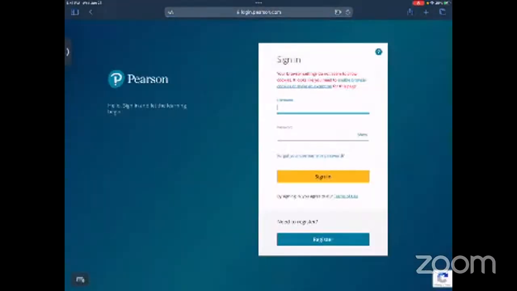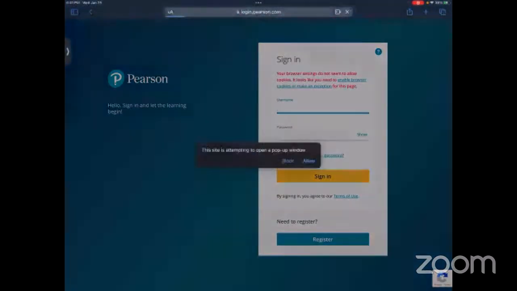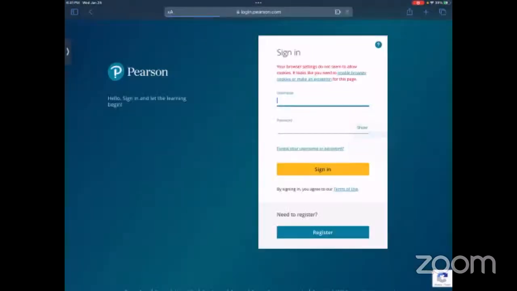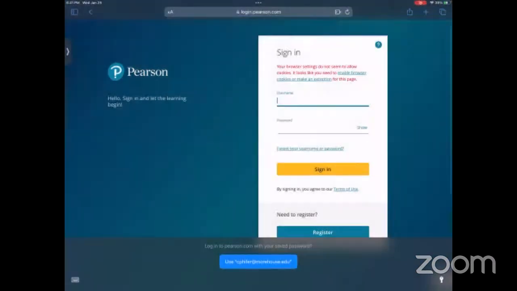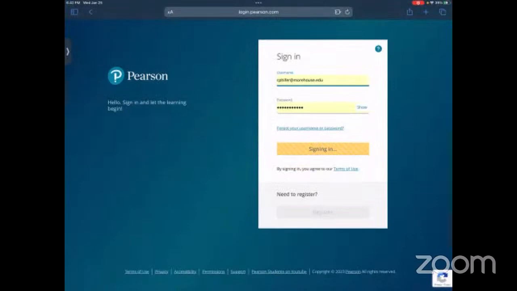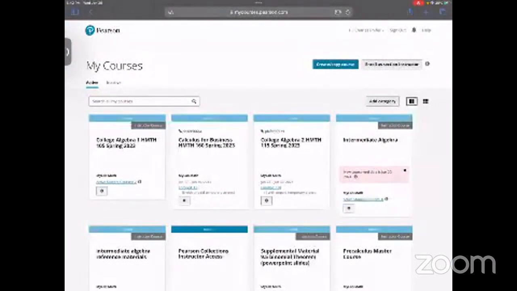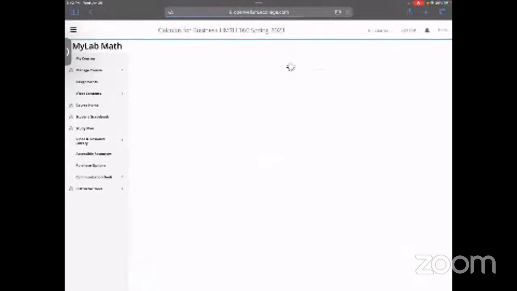Let me just reload it. There it is. Okay, so this is this course, with unpaid temporary access. That's okay. Do what you got to do. Once you get logged into Pearson, it should look something like this.